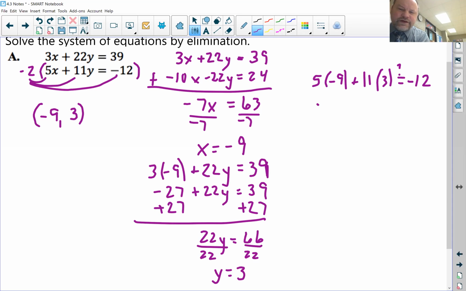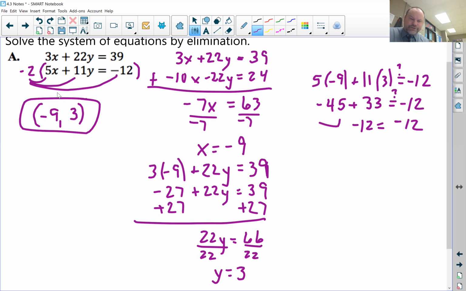Negative 45 plus 33, is that equal to negative 12? And negative 12 equals negative 12, it checks out. I have a good solution.